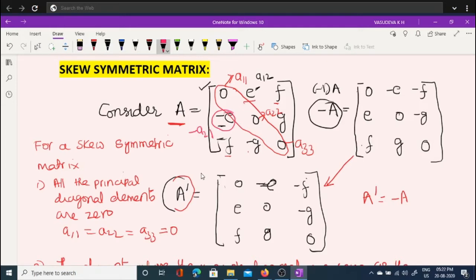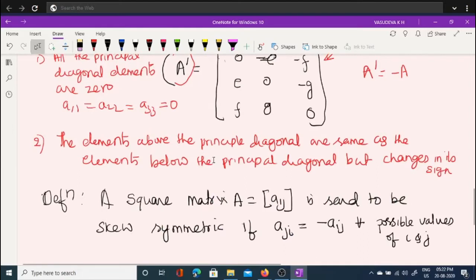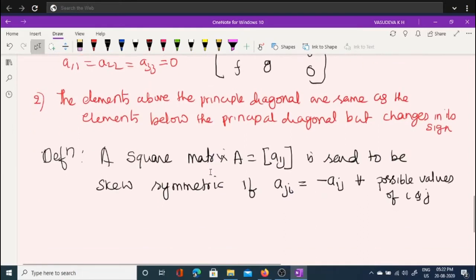So A12 is equal to minus A21. Here this is A13 and that is equal to minus A31. So we conclude Aji is equal to minus Aij for all possible values of i and j.